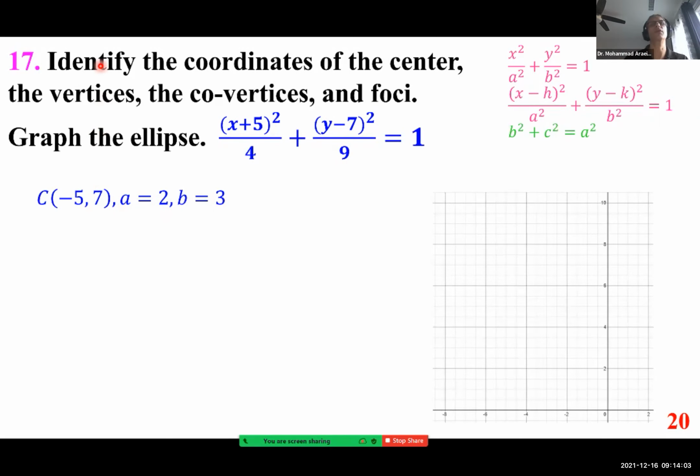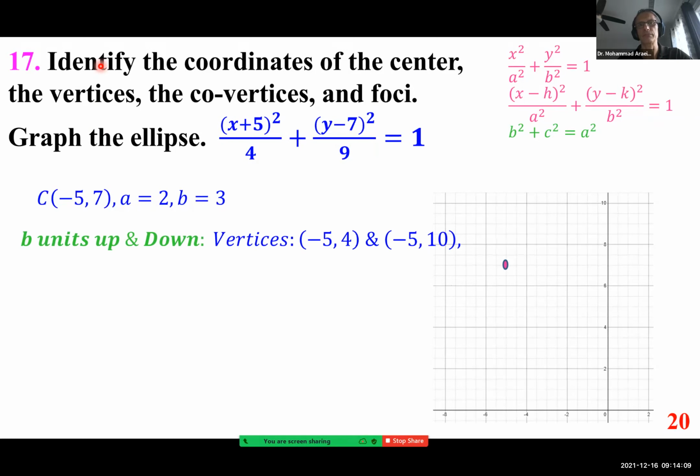Up and down becomes the vertices. So here's the center -5, 7. Up and down. Okay, we got it.